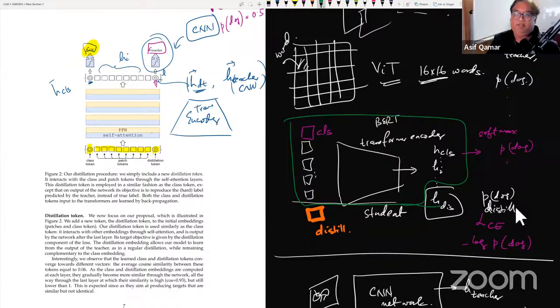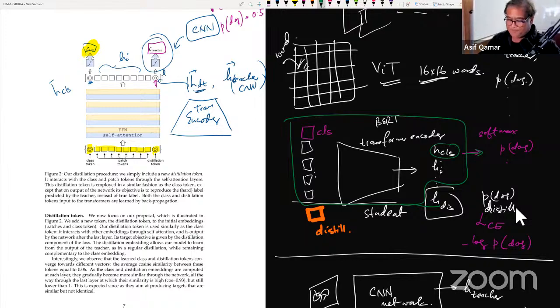Even the CLS token is there, as in BERT. Everything becomes a vector, but you take the CLS token as the input to a softmax. Because CLS is a dummy token, it is paying attention to every other token. You use it to produce the probability that it's a dog.